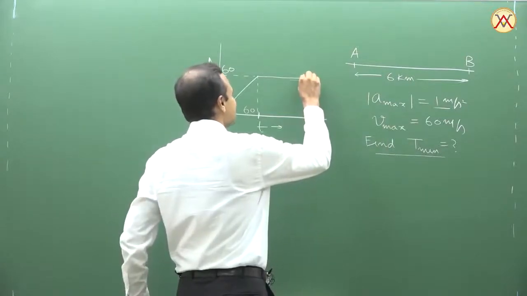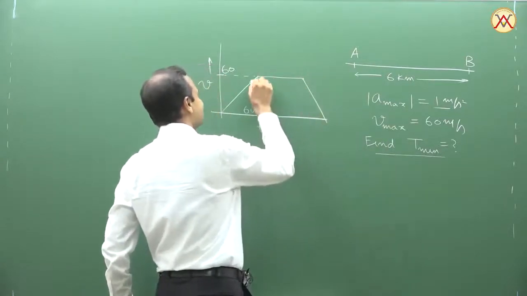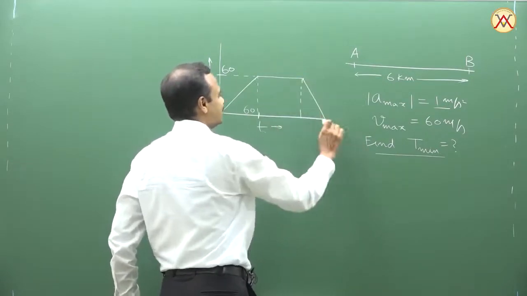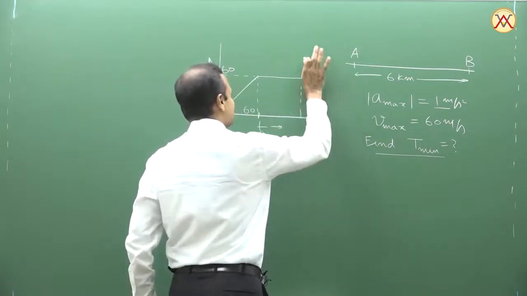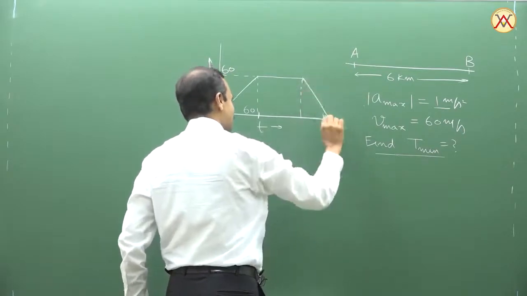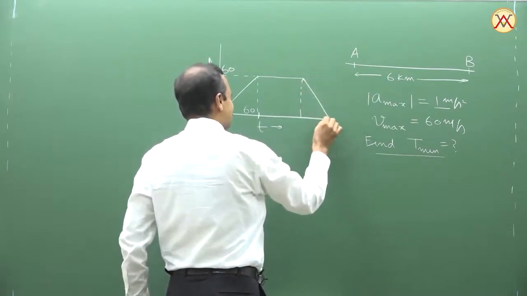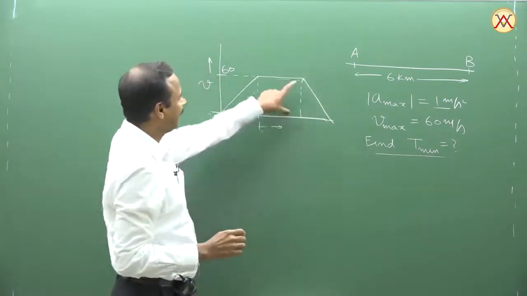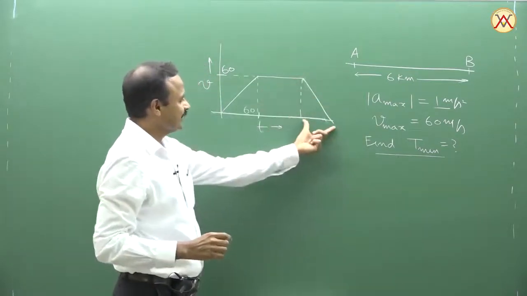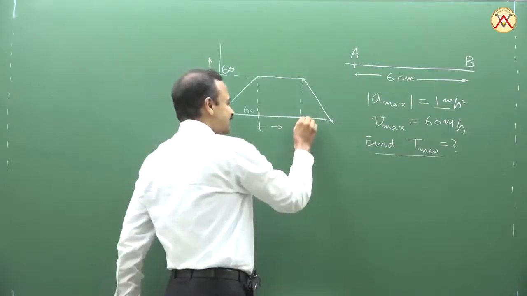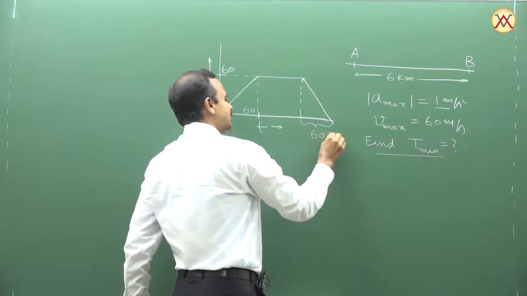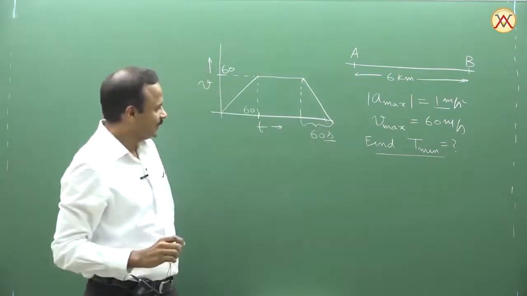So the slope of this line and the slope of this line, they will be same in magnitude. It will look like this. In fact, if the slopes are equal and height is also equal, you can easily understand that this time of retardation also has to be 60 seconds.